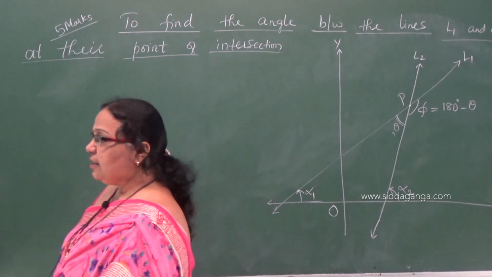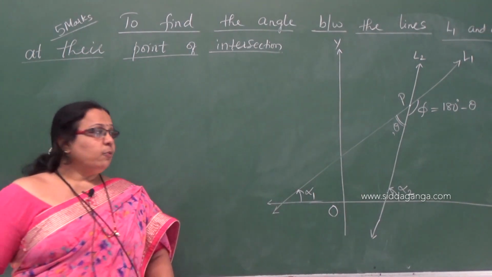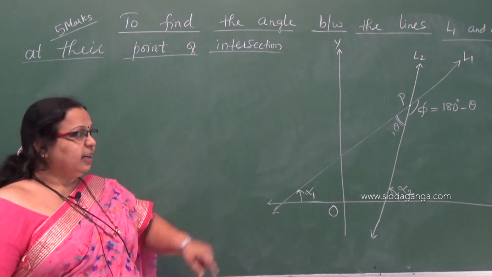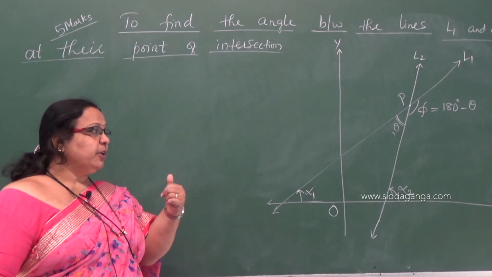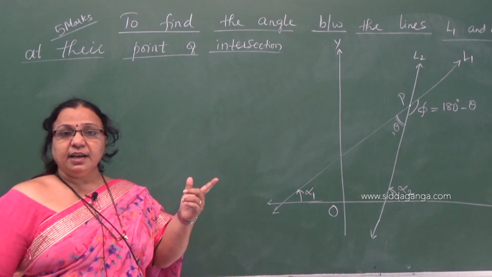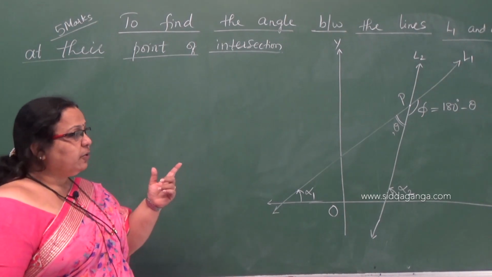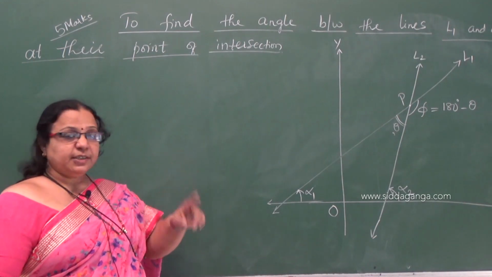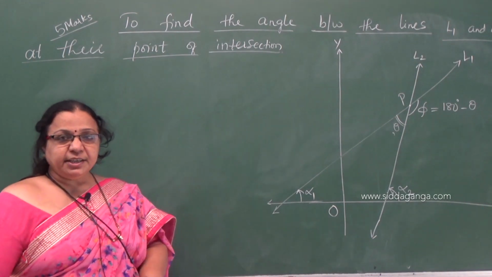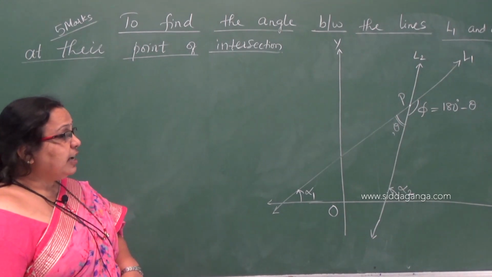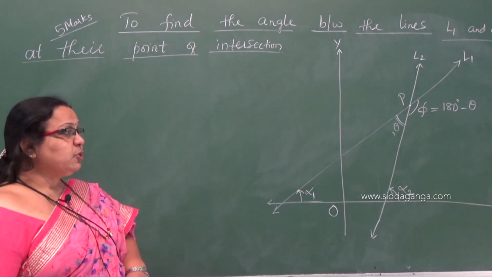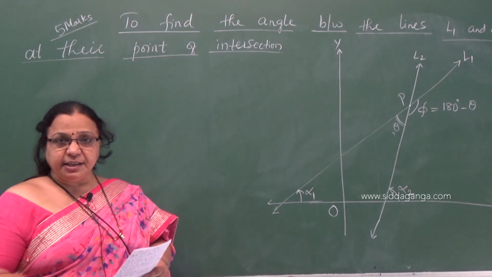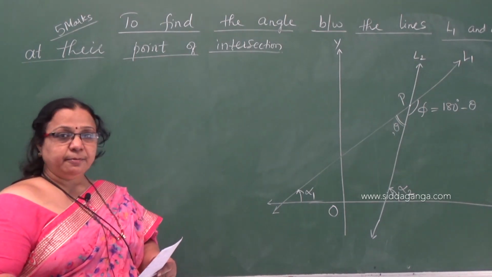Here, the two angles are taken as follows: the acute angle inside we take as theta, and the obtuse angle we denote as phi. When we add those two angles, it is equal to 180 degrees. Therefore, angle phi in terms of theta is nothing but 180 degrees minus theta.